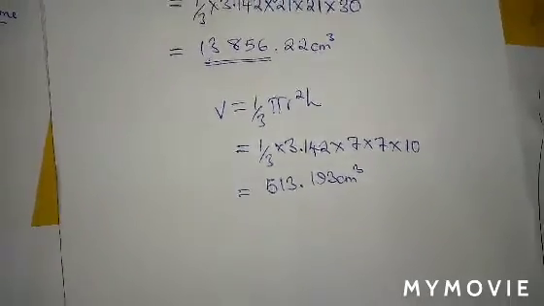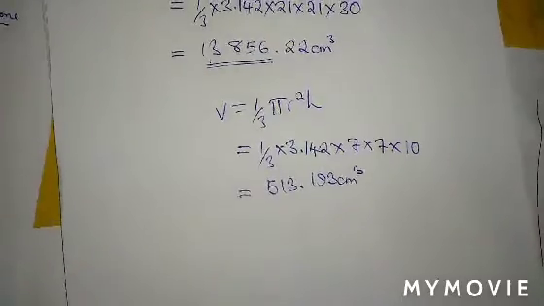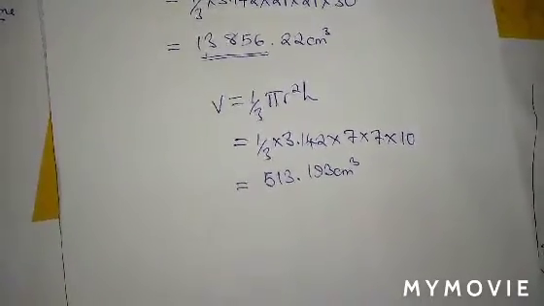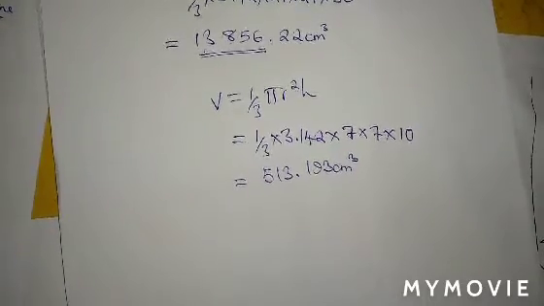Now that we've found both the volume of the big cone and the volume of the small cone after it was cut, we can subtract the volume of the small cone from the volume of the big cone.